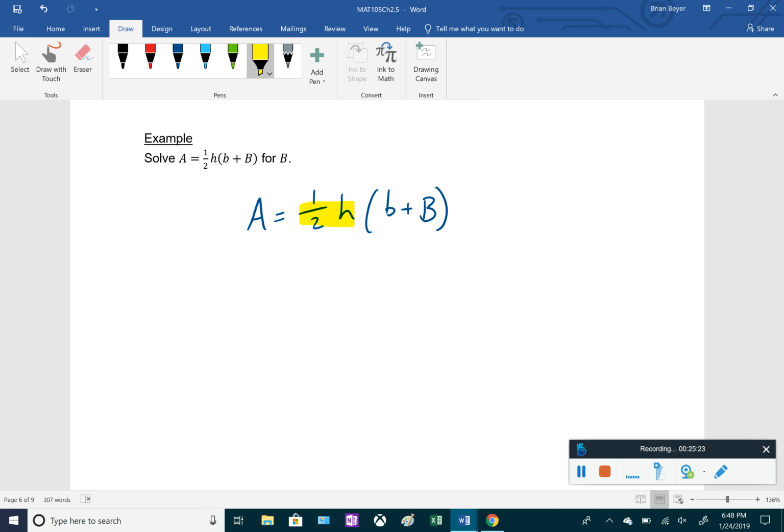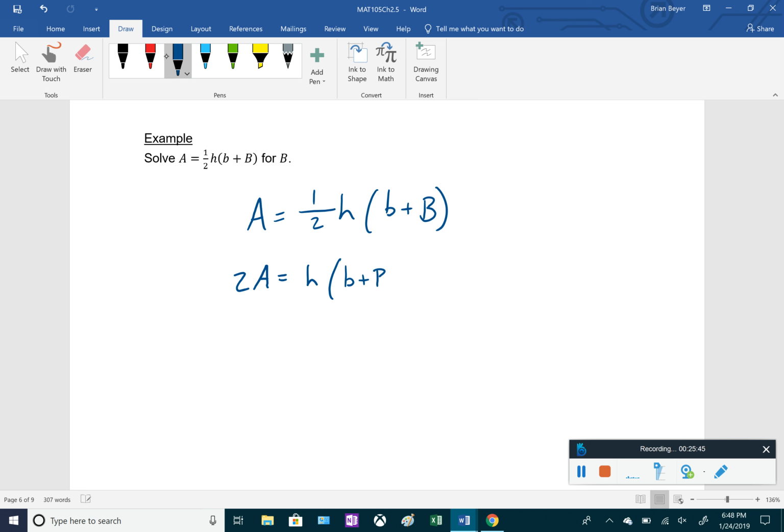We can multiply both sides by 2 to cancel the 1/2. We can also divide both sides by H. So if we do that, if we multiply both sides by 2, that's going to end up giving us 2A equals H times b plus B.